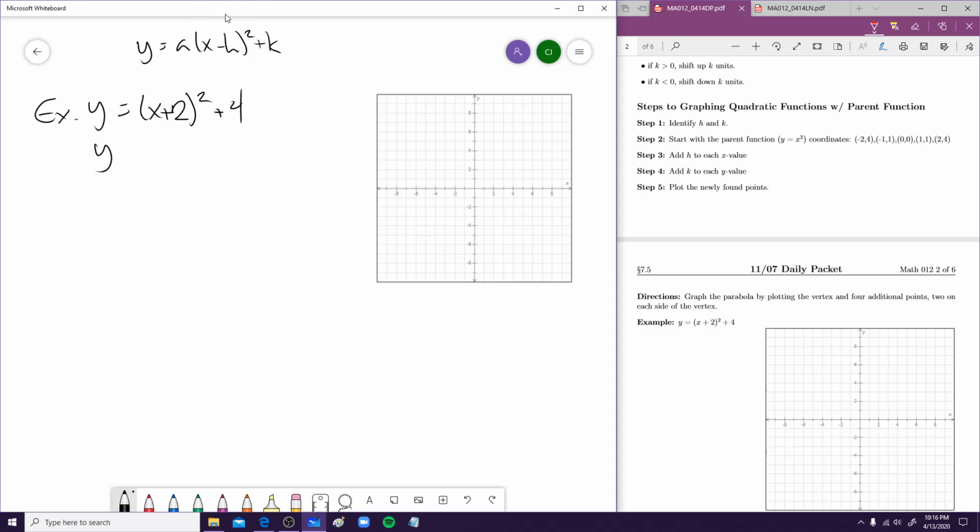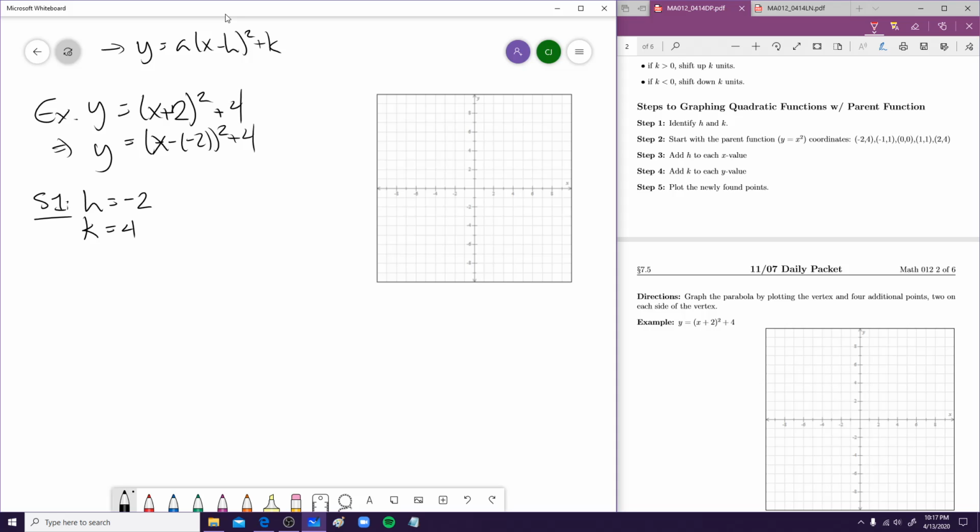This is also the same as saying y is equal to x minus a negative 2 quantity squared plus 4. Now that it looks like the equation above, we can identify h and k. So h, in this case, is negative 2, and k is positive 4, right?